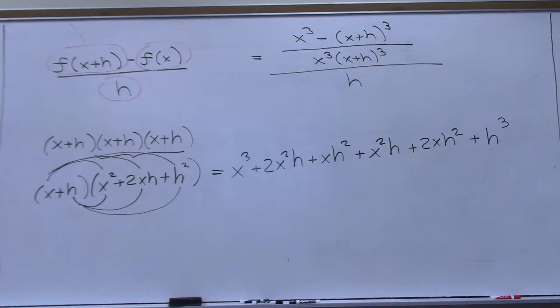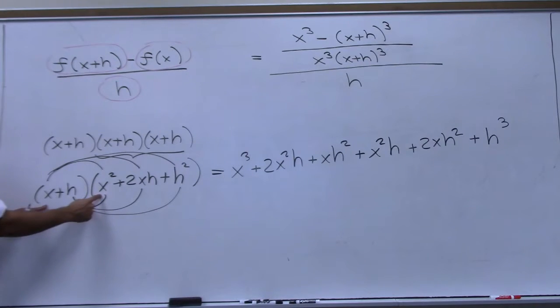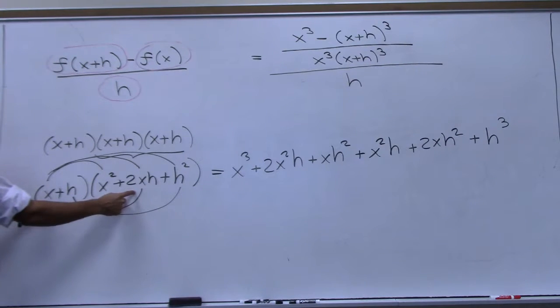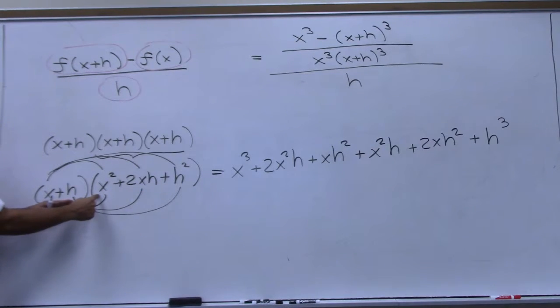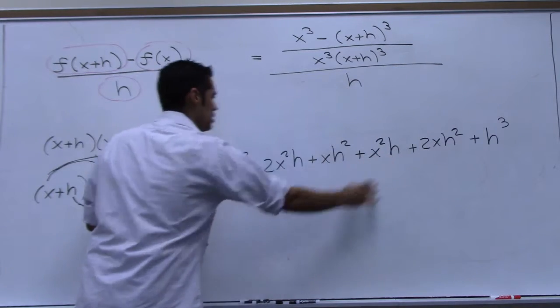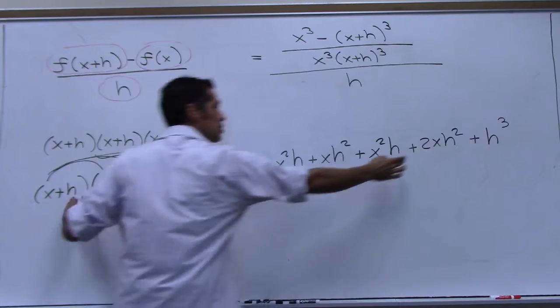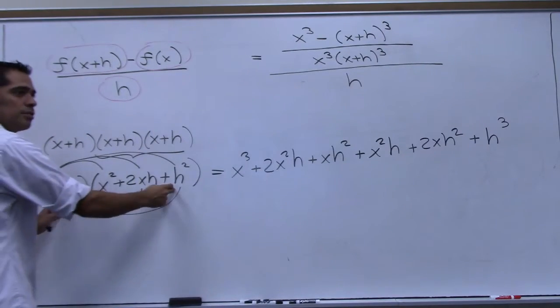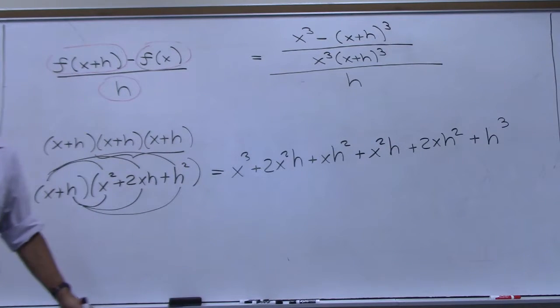So I'm doing x times this: x cubed, 2x squared h, xh squared. h times x squared, you can write the other way around as x squared h. And then h times 2xh is 2xh squared, that's this one. And then h times h squared is h cubed. Now collect any like terms together.